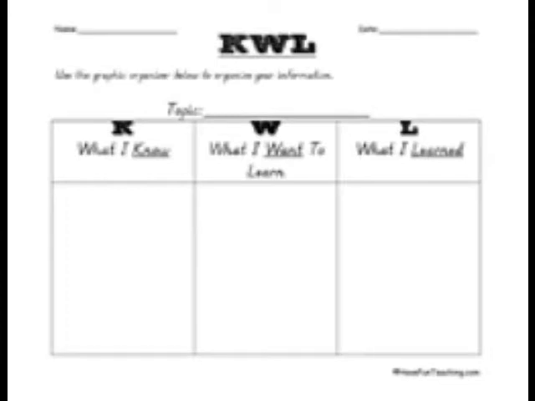The basic ones that you probably even used in elementary school include the KWL chart, which is the what I know, what I want to know, and what I learned. That one is fun. It's a quick way for you to list. It validates what you know. You list what you know about the topic on the K side.